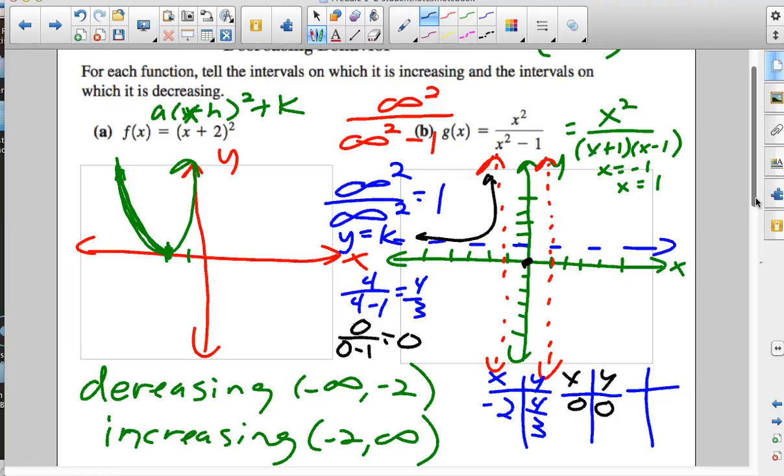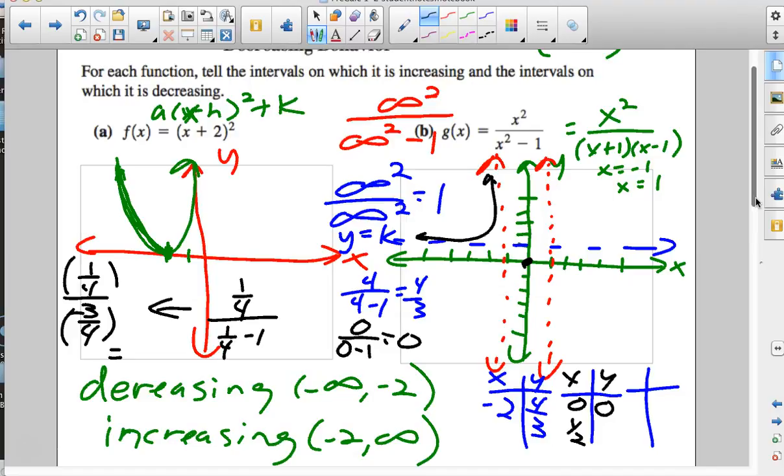So if we put a half in there, even a 0.5 if you wanted to use your graphing calculator, 1/2 squared is 1/4 over 1/4 minus 1. So I'm going to have to go this way, 1/4 over -3/4, multiplied by the reciprocal. Flip it.